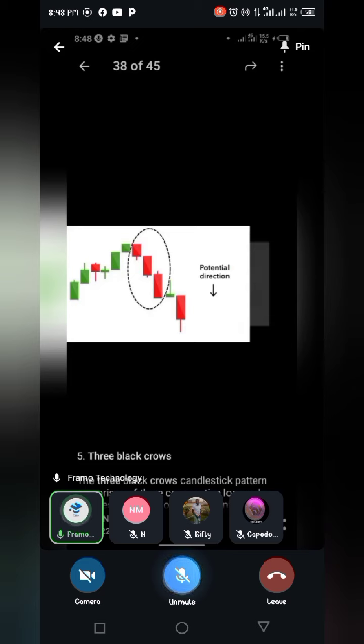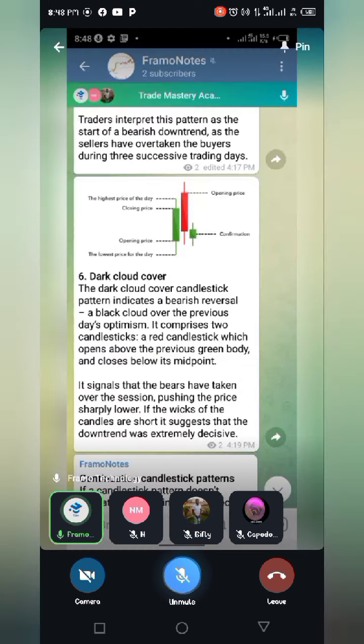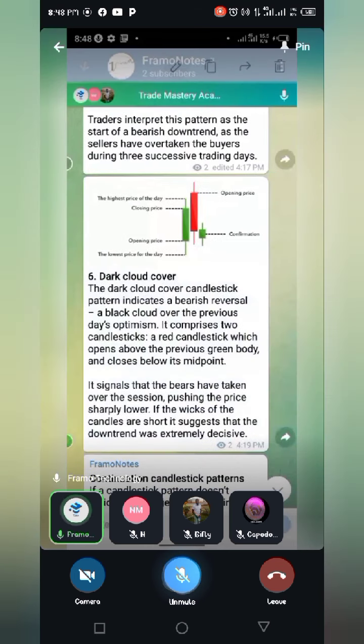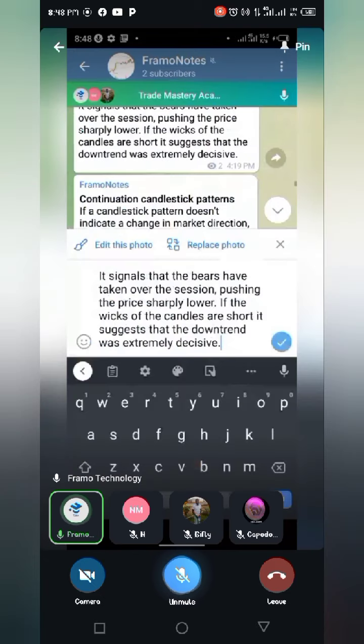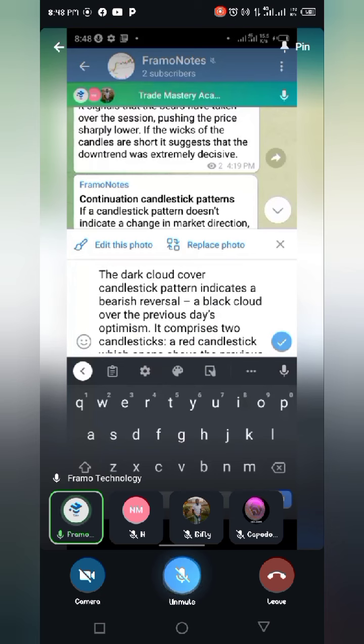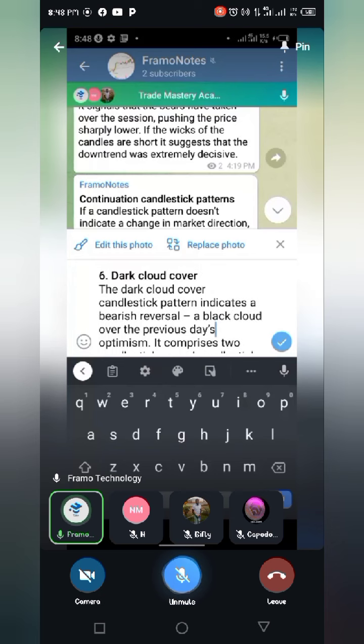Now the next one is the dark cloud cover. The dark cloud cover.